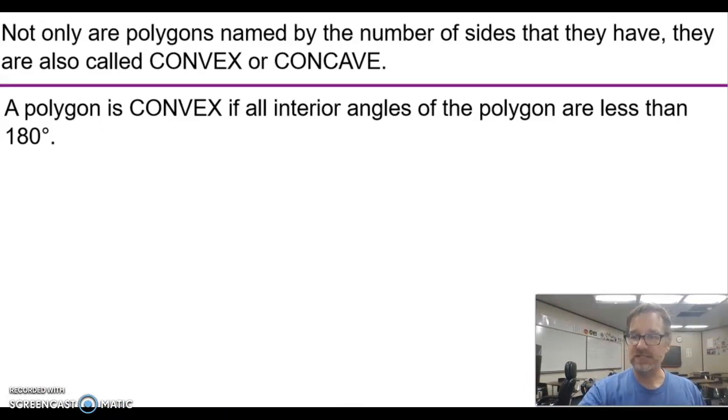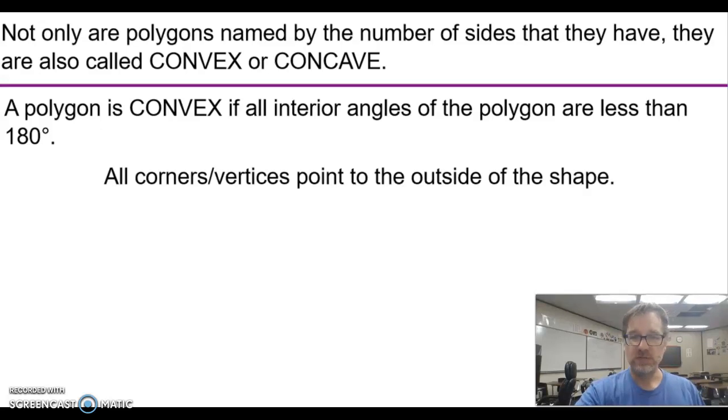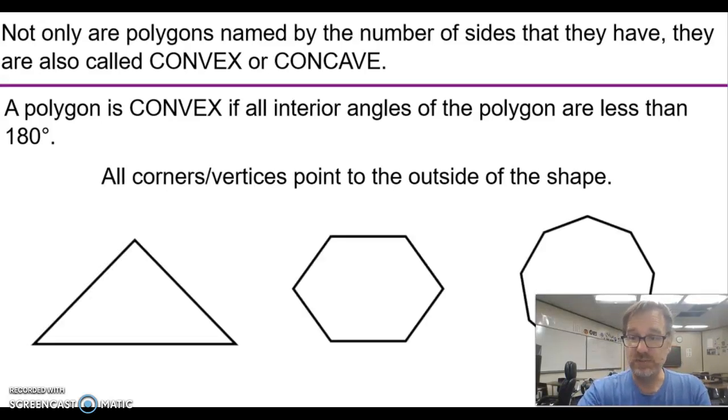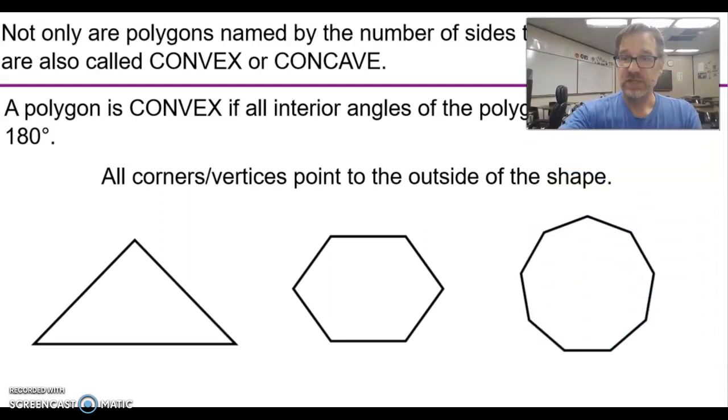Most of the ones we deal with are called convex, because a convex polygon has all interior angles less than 180. Well, in general, what does that mean? You're going to need to write this down. All corners or vertices, because a corner is a vertex, point to the outside of the shape, like these. All the corners point outside the shape.